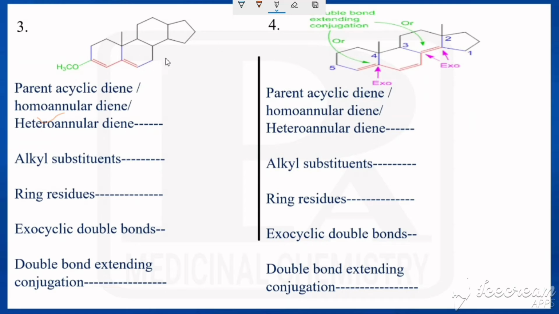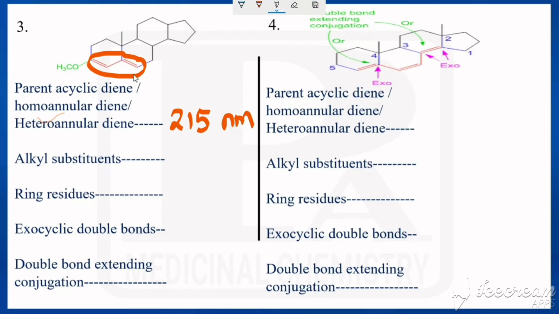Now we'll see the third example. So this is the parent. What is it? That is the heteroannular diene. What is the value for that heteroannular diene? It is 215 nanometer. Now what is the second thing?